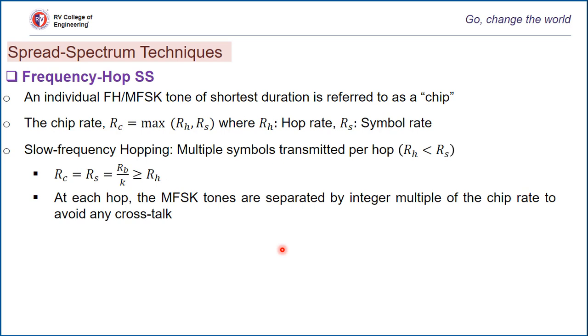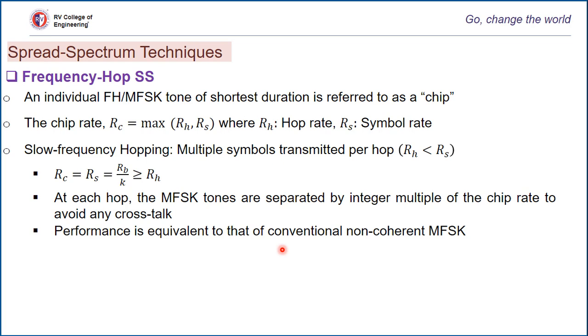The resulting performance of the slow FH MFSK system is the same as that for the non-coherent detection of conventional, or unhopped, MFSK signals in an additive white Gaussian noise environment, and hence the interfering or jamming signal has an effect on the FH MFSK receiver, in terms of average probability of symbol error, equivalent to that of AWGN on a conventional non-coherent M-ary FSK receiver experiencing no interference.